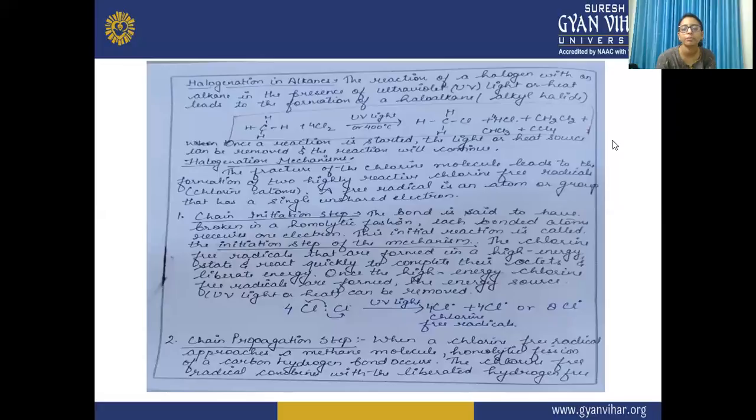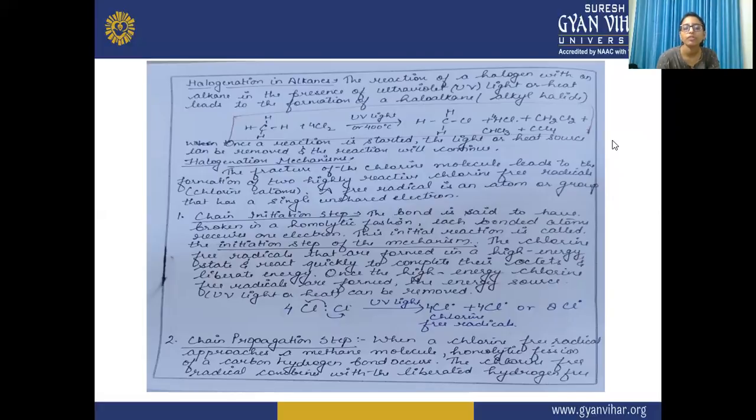Here chlorine free radical means the chlorine is having 7 electrons in its outermost orbit. So it is highly reactive because it wants 1 electron to complete its octet, meaning 8 electrons should be there in the outermost orbit of the atom.